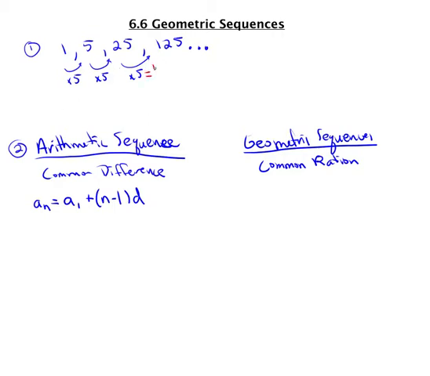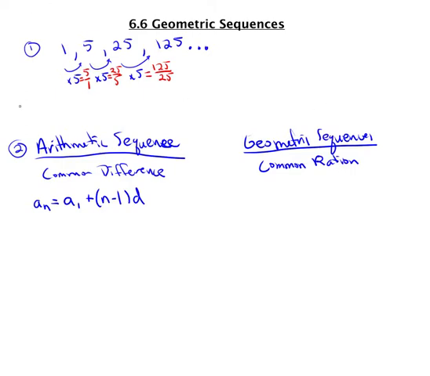It's 125 divided by the number previous to it. And if we look at the lower ones, 25 divided by the previous one, and then 5 divided by the previous one. So they all equal times 5. So that's that common ratio.